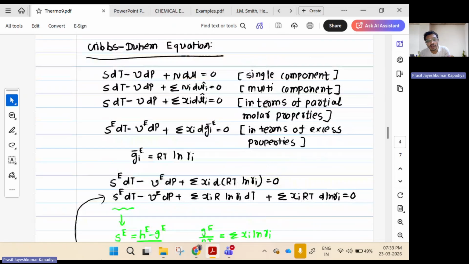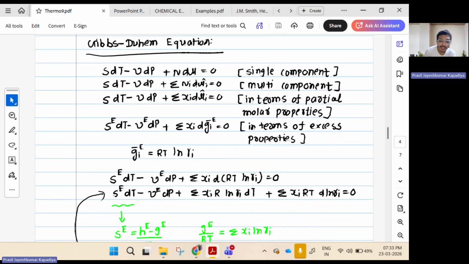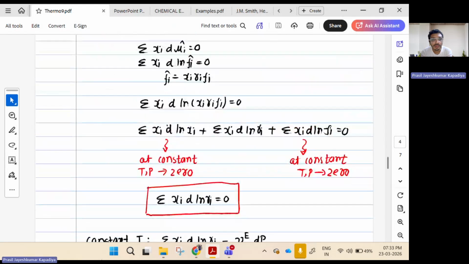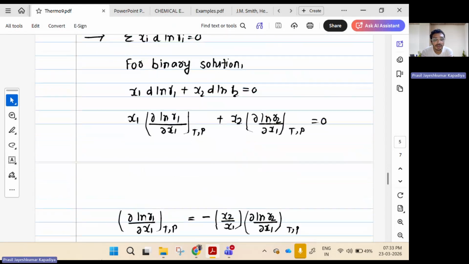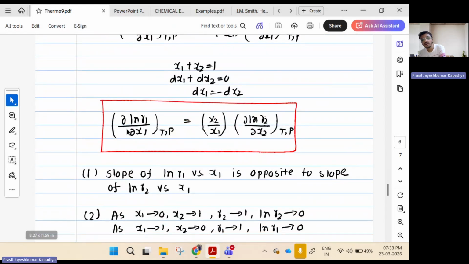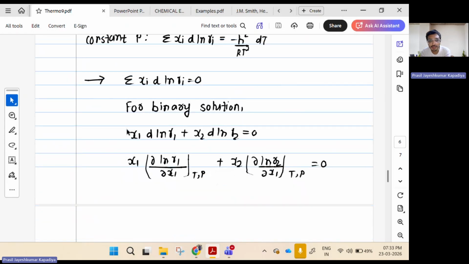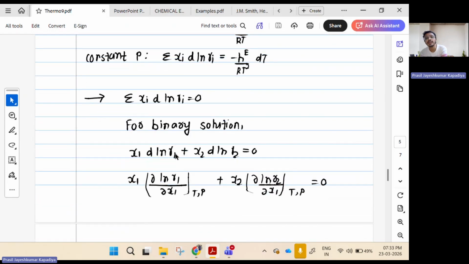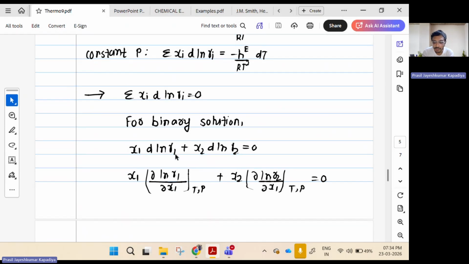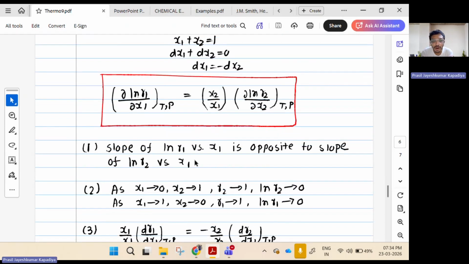Then we tried to derive the Gibbs-Duhem equation in terms of activity coefficient. From the Gibbs-Duhem equation at constant temperature and pressure, we know that x1 d ln gamma1 plus x2 d ln gamma2 is equal to 0. From there, we see that the slope of ln gamma1 versus x1 is opposite to the slope of ln gamma2 versus x1.